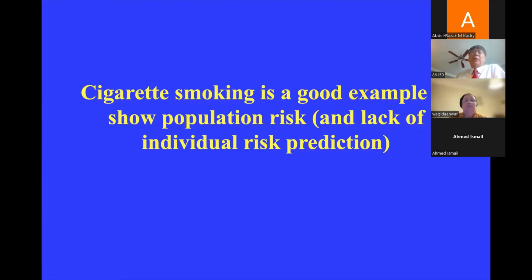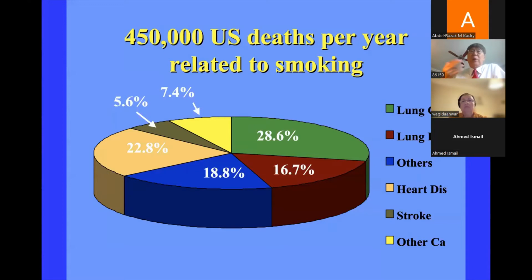So cigarette smoking is a good example to show population risk and lack of individual risk prediction. Next slide. For over 20 or 30 years of smoking history, we know that among cigarette smokers, about 28% would develop lung cancer, right? And 60% lung disease like COPD and emphysema, and 22.8% develop heart disease, and so on. Of course, some of them have no detectable health effect from the exposure.